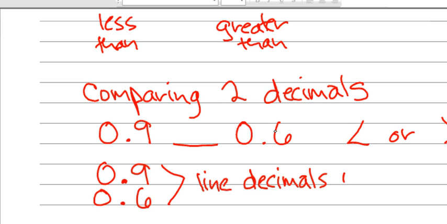I like to line the decimals up. And we can see that 0.9 is bigger than 0.6, or 9 is bigger than 6. So I'm going to put a greater than in there. That's what I like to do.